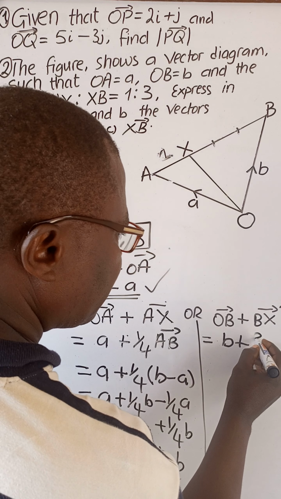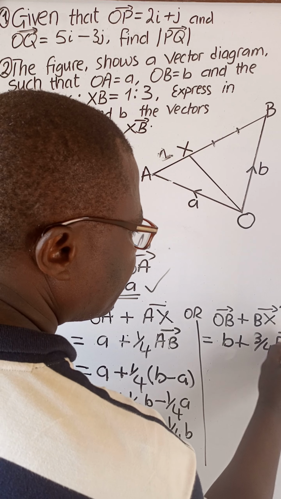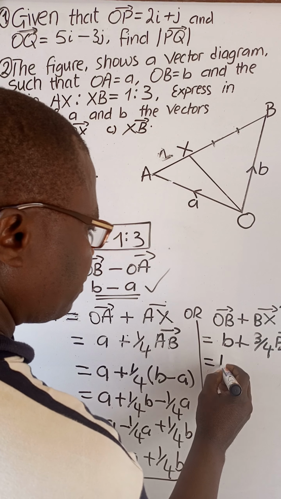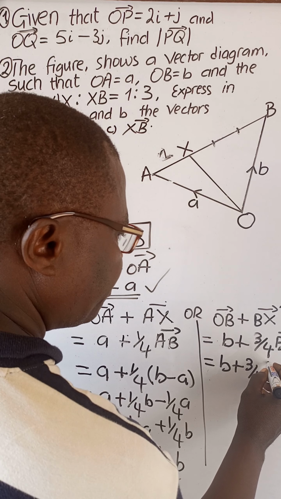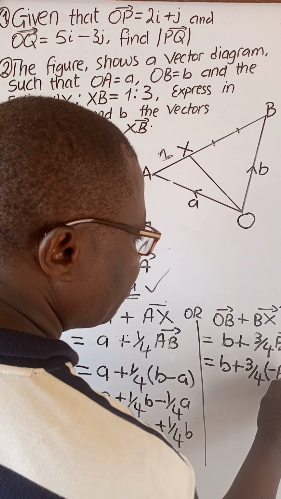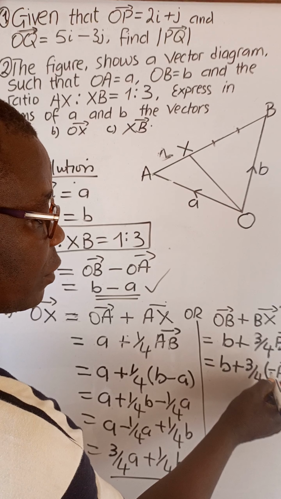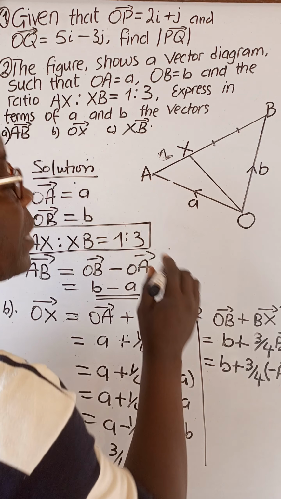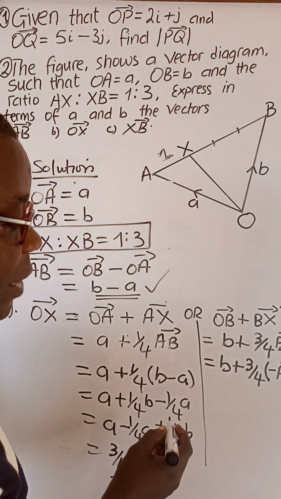So we're going to have 3 out of 4 of BA. Very, very important. BA, we all know from vector analysis, is negative AB. BA is opposite in direction to AB. When they are opposite but equal in magnitude, we just put the minus sign.